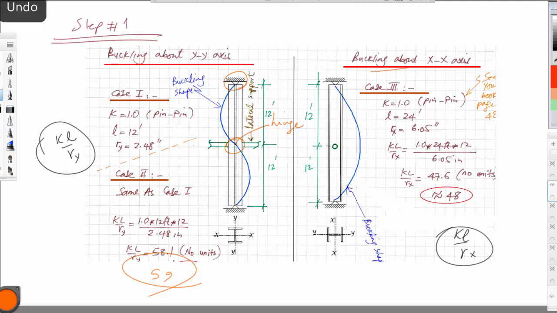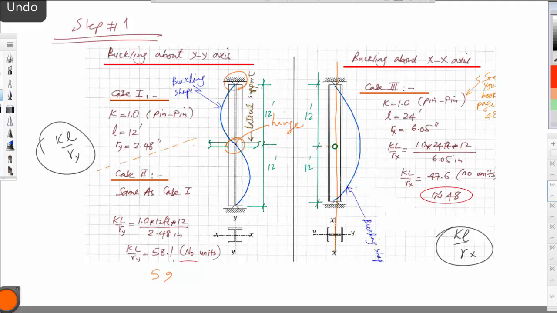Now buckling about XX, we'll do the same thing. The buckling is about this axis, and with this being hinge and this being hinge, it will buckle like so. Now you might ask, what is this? This is how you see the lateral support.